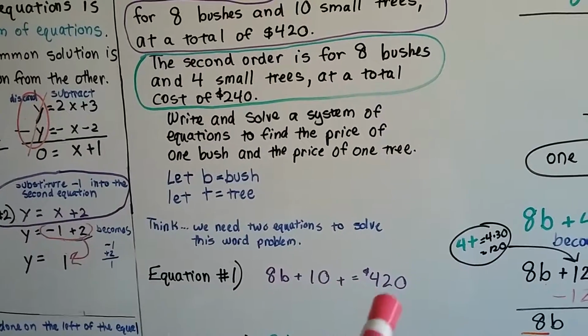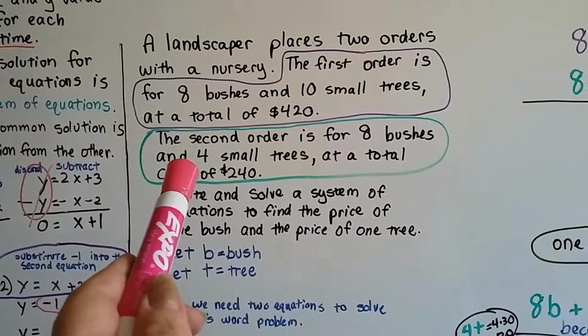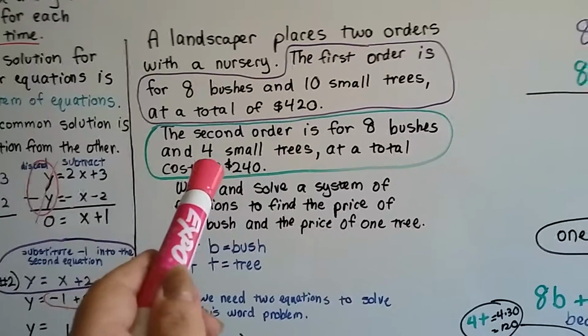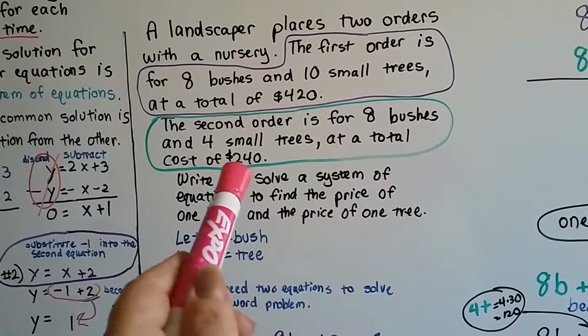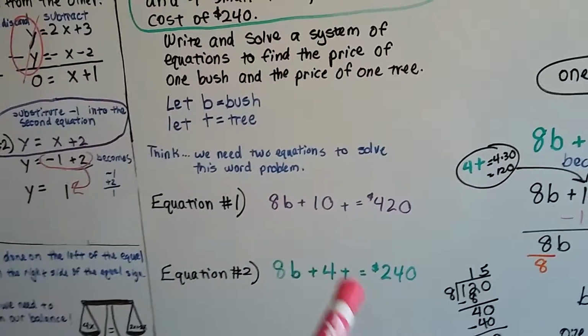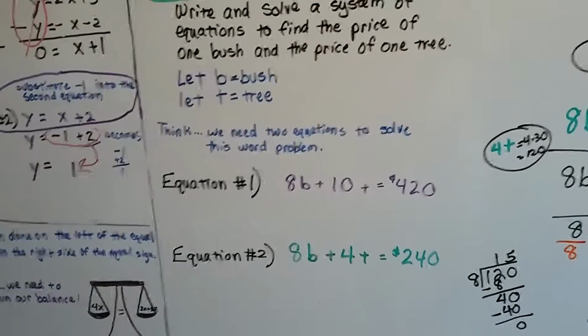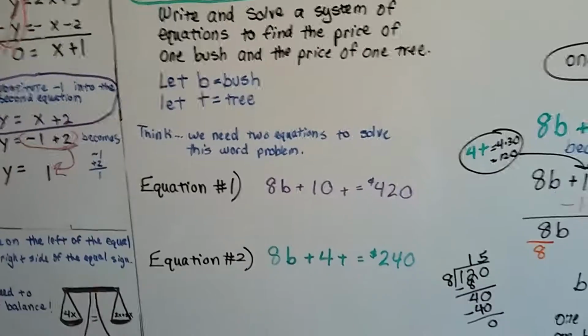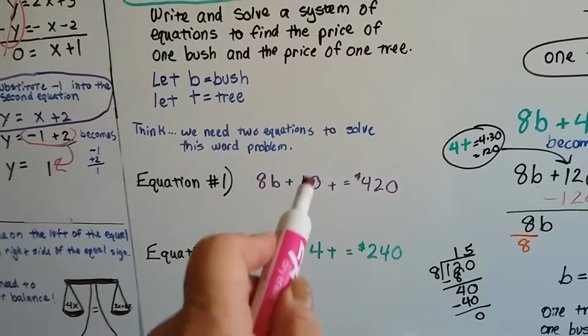Then we have 8b plus 4t equals 240 for our second equation. So now we have our 2 equations. We can solve this. We'll subtract this equation from this equation. All right?